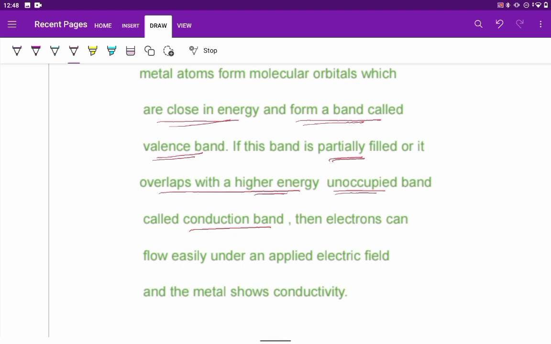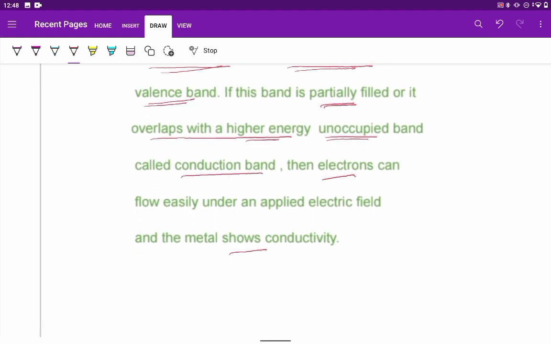If it overlaps with the unoccupied conduction band, then what happens? The electrons can flow easily. Whenever we apply an electric field, the electrons can flow easily and the metal shows conductivity, because flow of electrons is compulsory to show conductivity. So when electrons can flow easily under an applied electric field, the metal shows conductivity.